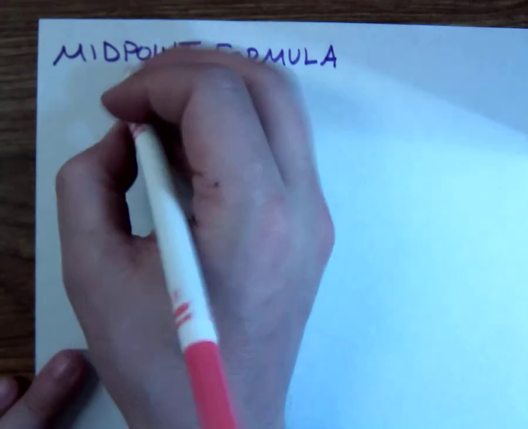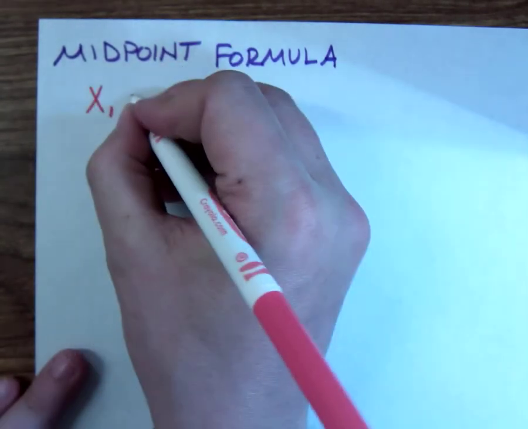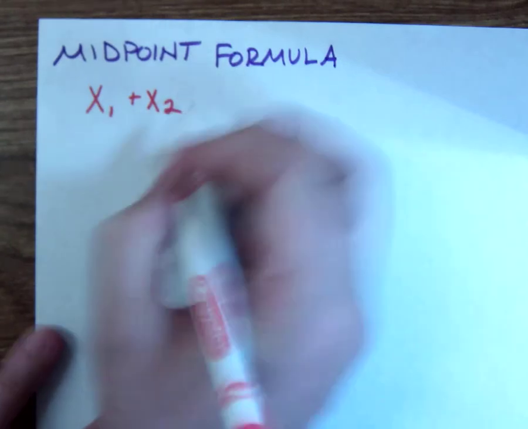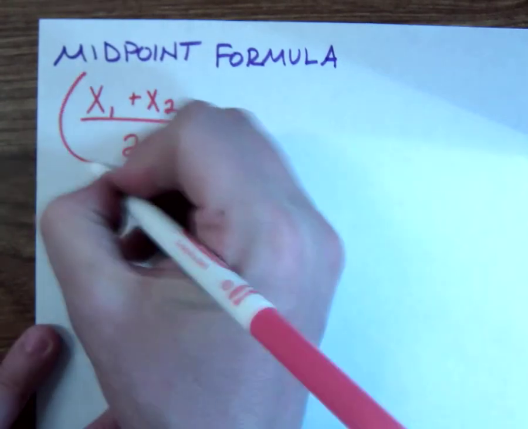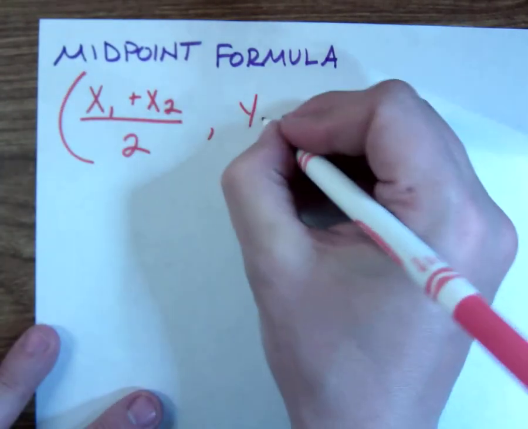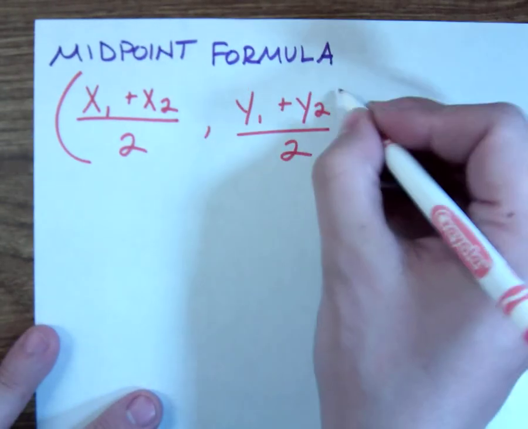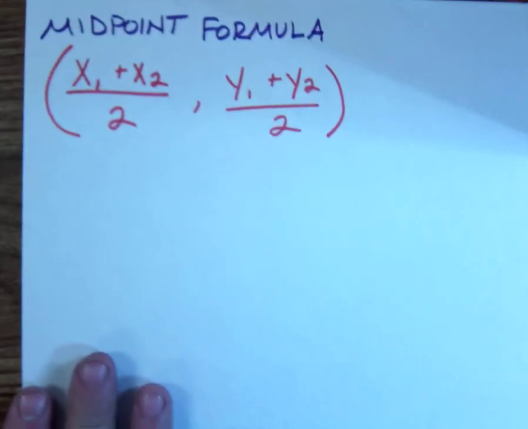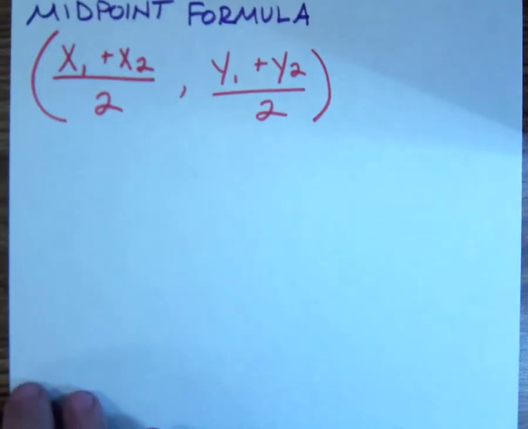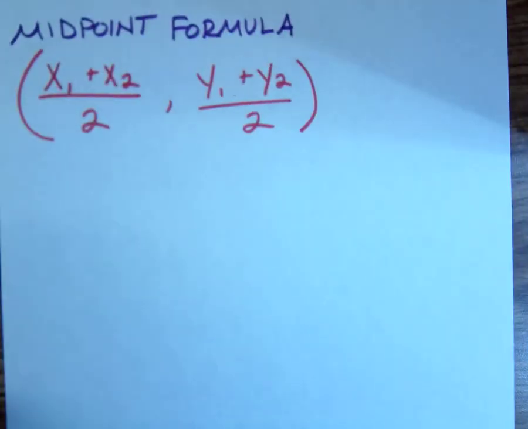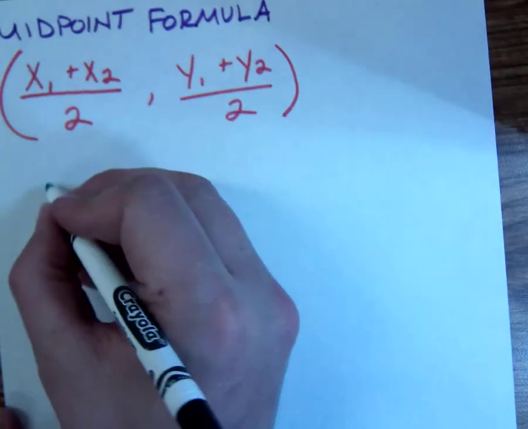But the question is not how long are they. The question is what coordinate is exactly in the middle. Here it is. You add the 2 x's and divide by 2. Then you add the 2 y's and divide by 2. Just like the distance formula, you've got 2 coordinates, and just like the distance formula, you label them x1, y1, and x2, y2. But the math here is much easier, and there's no square root, so bonus.